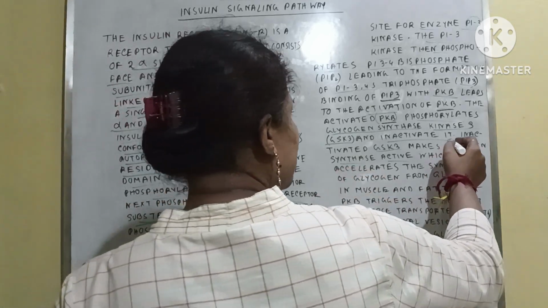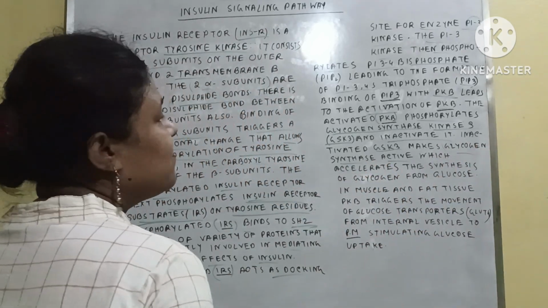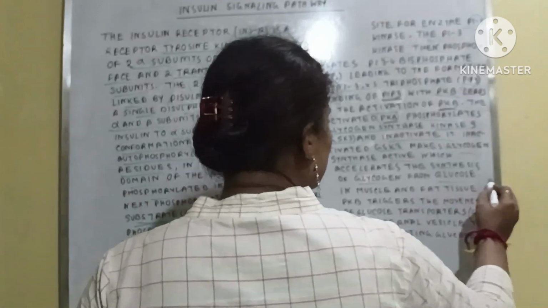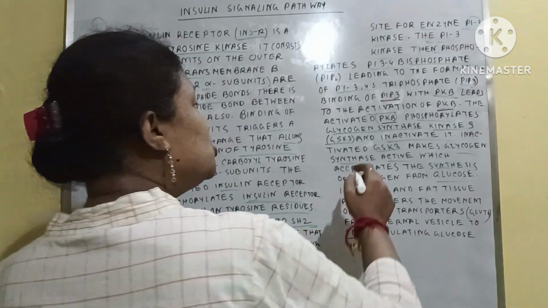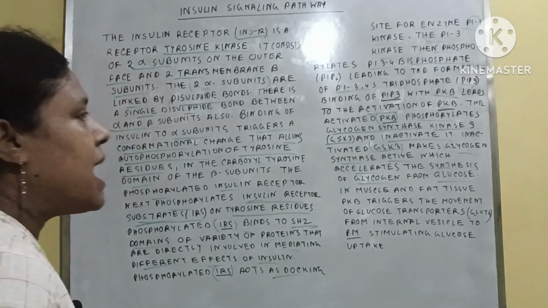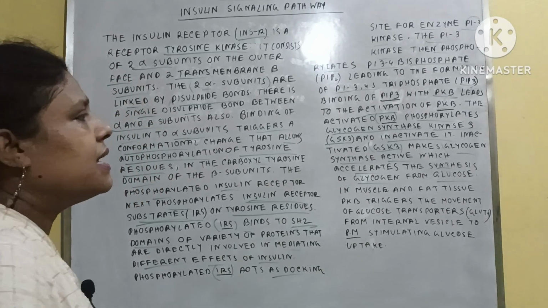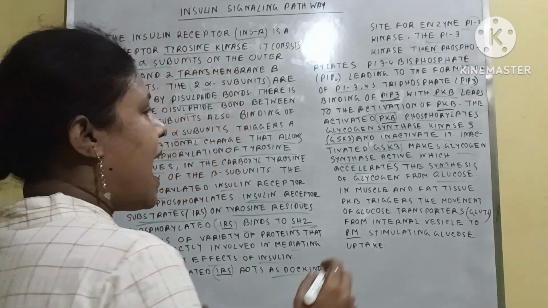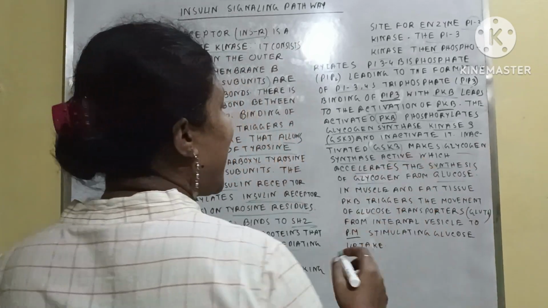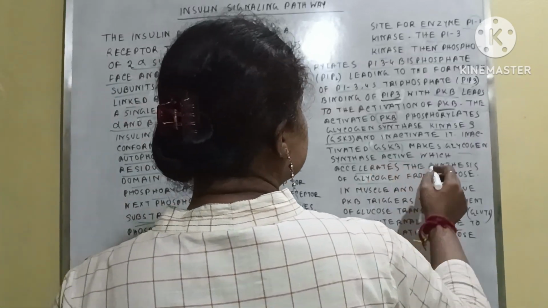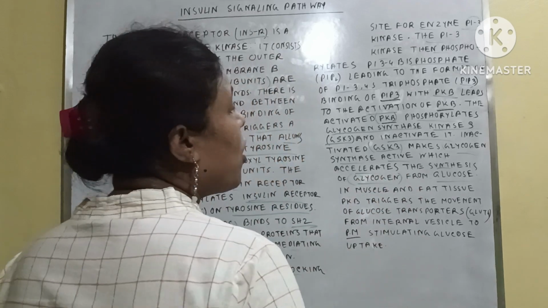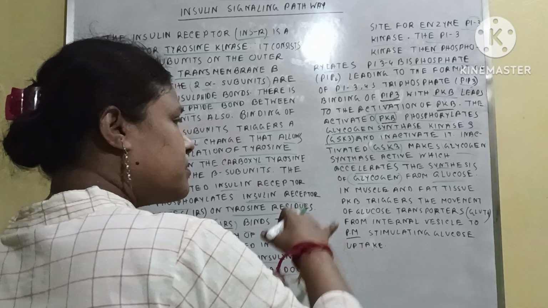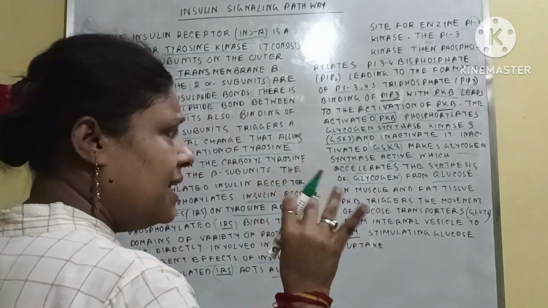Due to the activation of glycogen synthase, the synthesis of glycogen from glucose is accelerated. So now glycogen is stored within the liver.